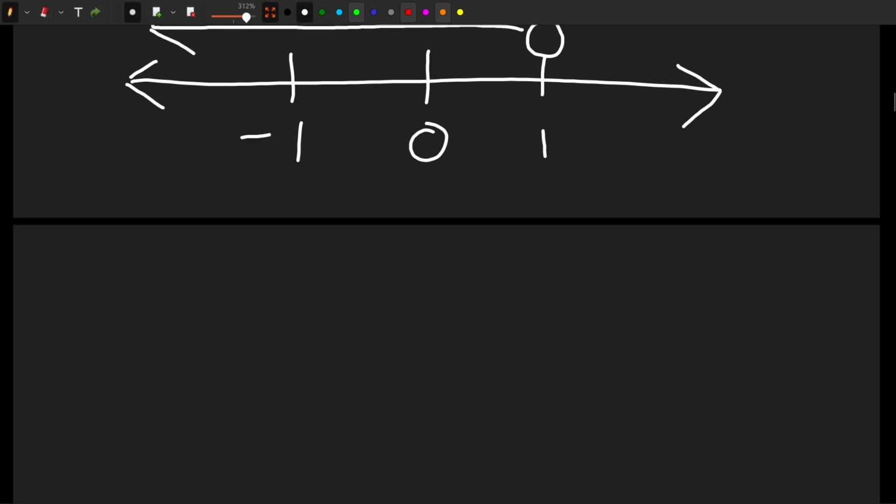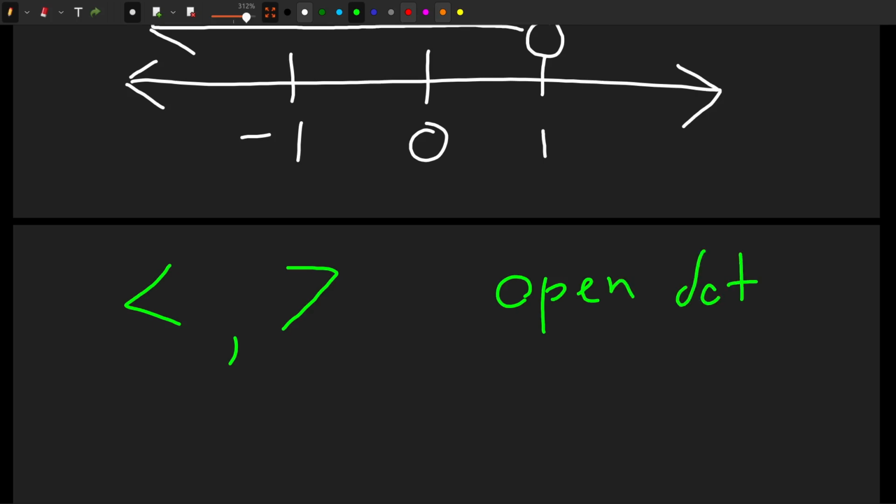Now, when dealing with inequalities, especially with number lines, please note that less than and greater than have an open dot. So when you have a number line, it'll look something like that, where it's an open dot.